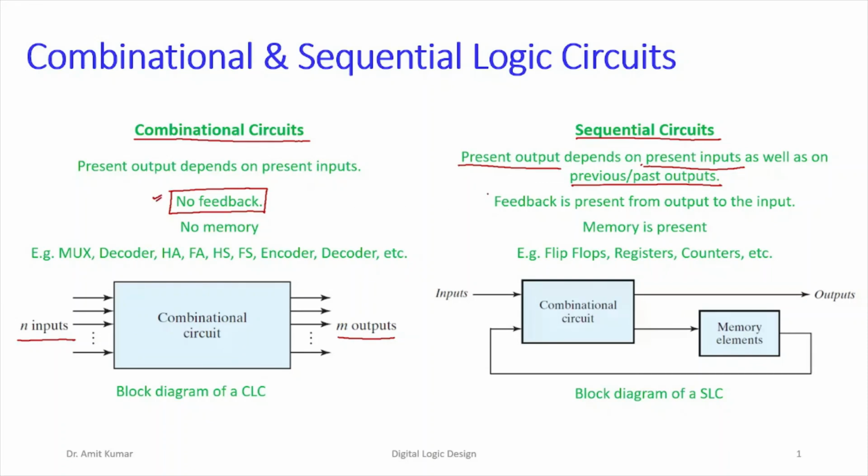In the case of sequential logic circuits, feedback is present, from the output to the input. So the presence of this feedback actually results in the existence of memory, you see. And since no feedback is there in the combinational logic circuit, that is why we say no memory is present. This is the basic block diagram of a sequential logic circuit, right?